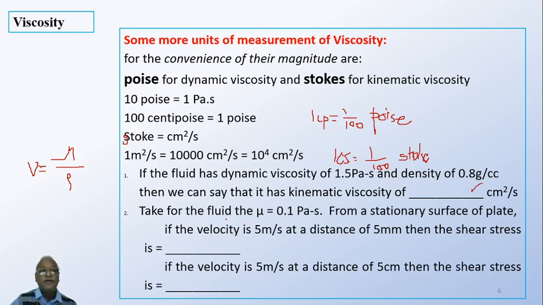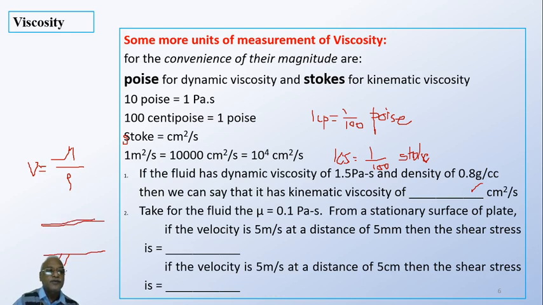Now take the second situation for the fluid: mu is equal to 0.1 pascal second. From a stationary surface plate, if the velocity is 5 meter per second at a distance of 5 millimeter, then the shear stress is... try to understand, here there is a stationary plate at the bottom, okay, and there is a moving plate on the top.